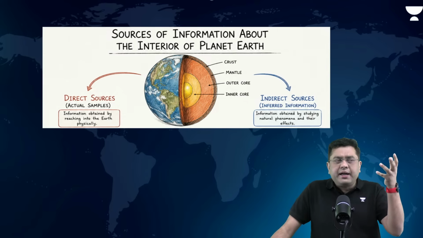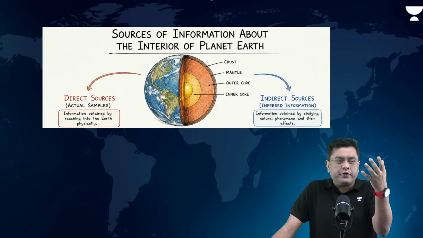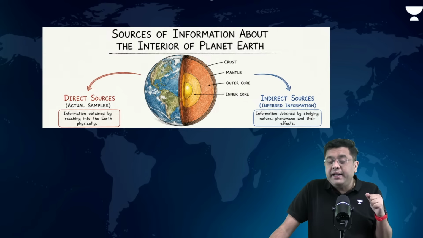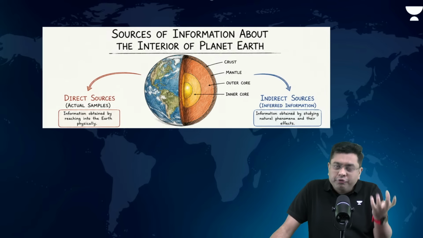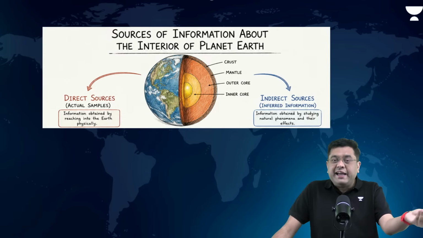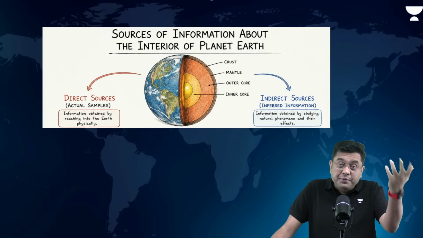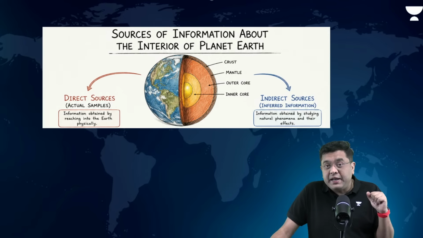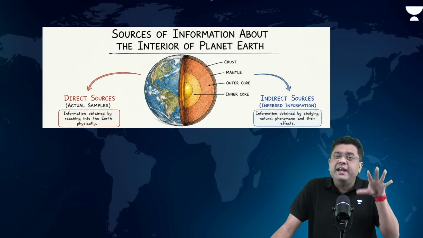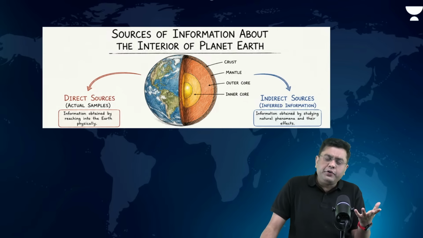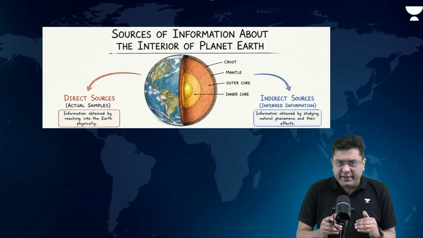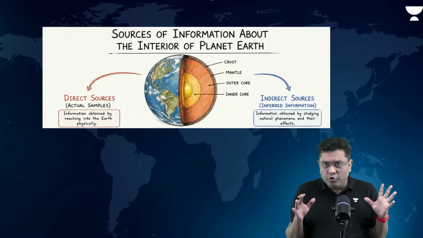I have dug the ground, I have found certain rocks, which gives me an idea about what is there in the interior, isn't it? A volcano has erupted, it has brought materials from the interior, so it gives me an idea about the molten material present in the interior. Those are direct sources. Indirect sources, I have to deduce, I have to arrive at that conclusion.